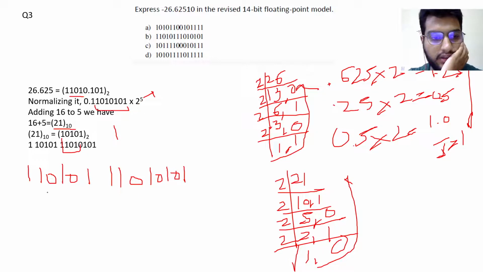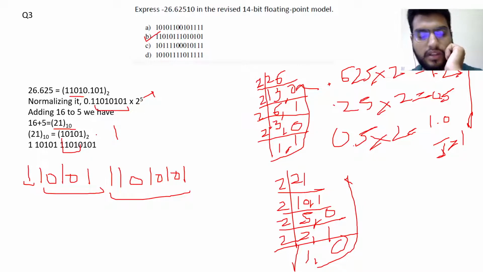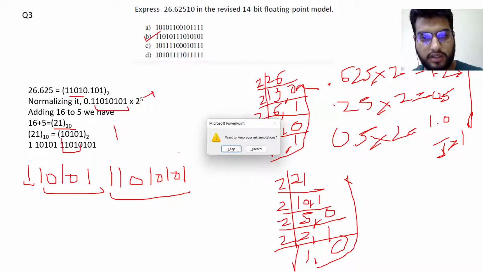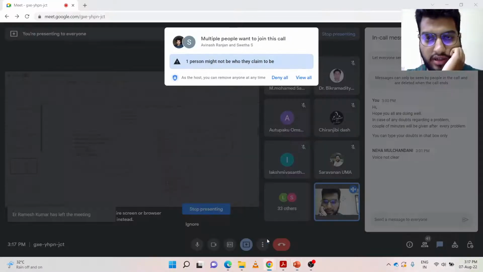If we check with the options, this is option B. So option B will be the correct answer. If there are any doubts regarding this question, please type them in the chat box.